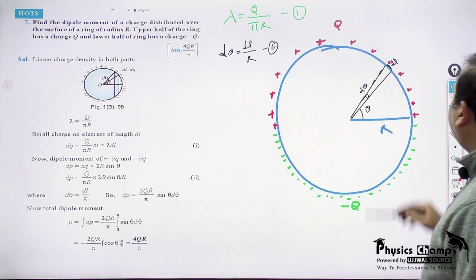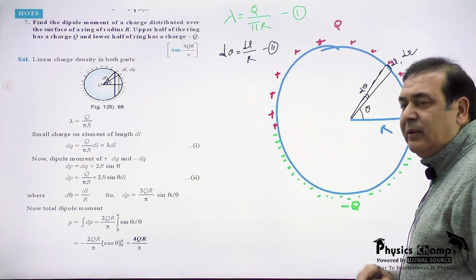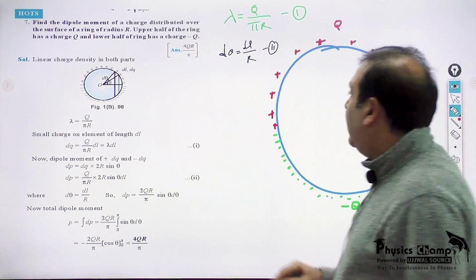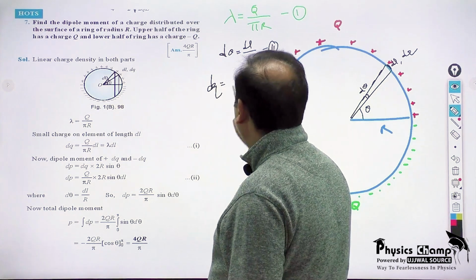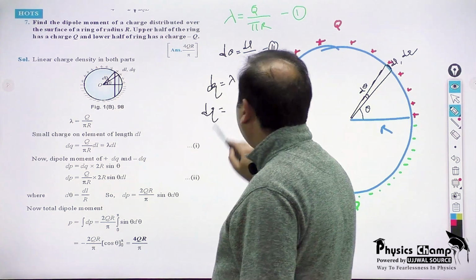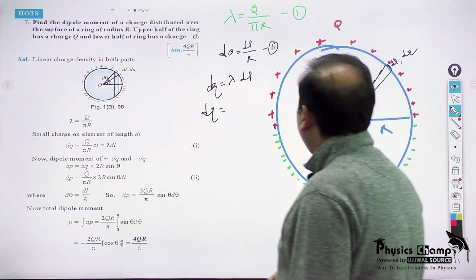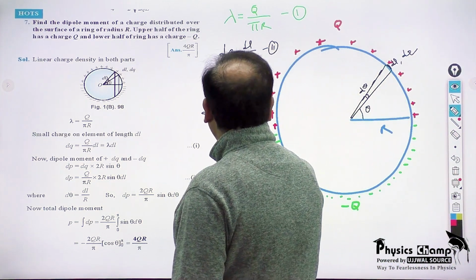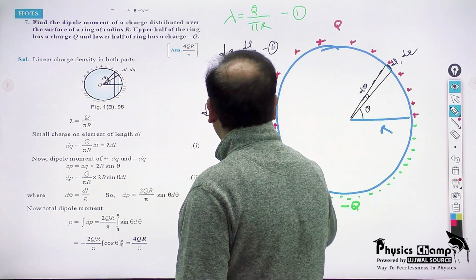It may have a charge dq which will exist on it. If I ask how much will be the charge dq that will exist on it, your answer is lambda dl. So that charge dq which will exist on the small portion would be q by pi r into dl.